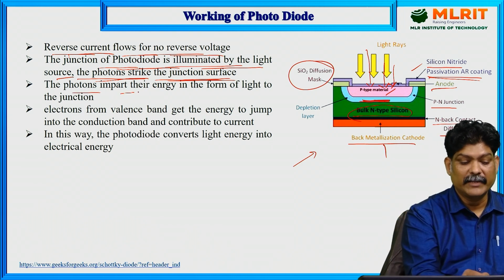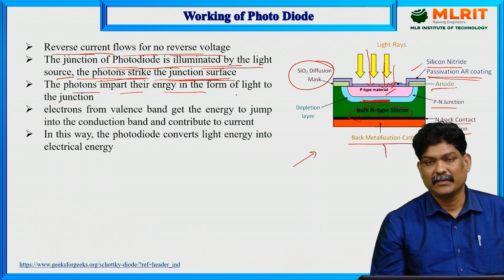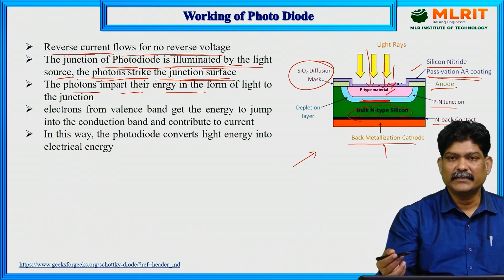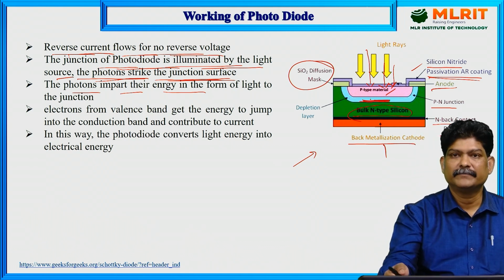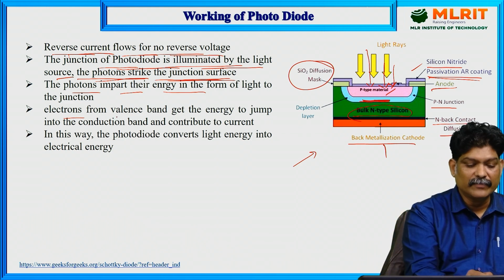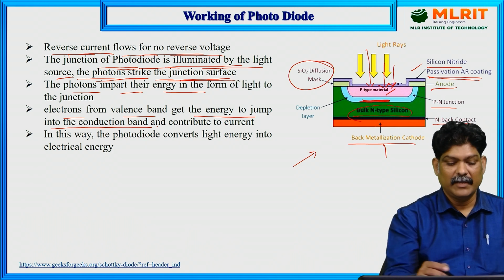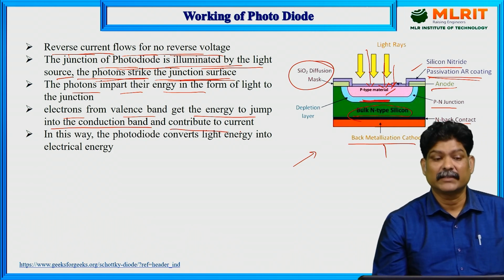The photons impart their energy in the form of light to the junction. So light energy imparts some energy to these particles. Electrons from the valence band get the energy to jump into the conduction band and contribute to the current.